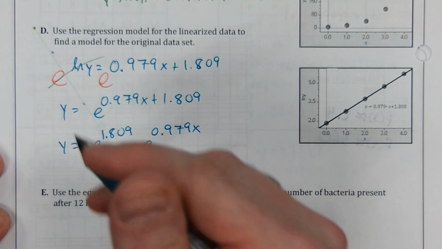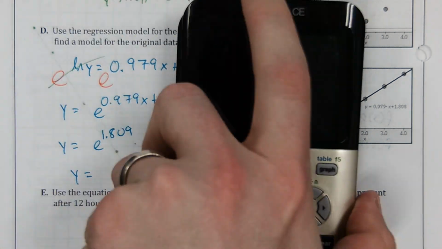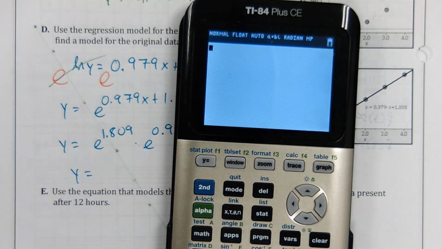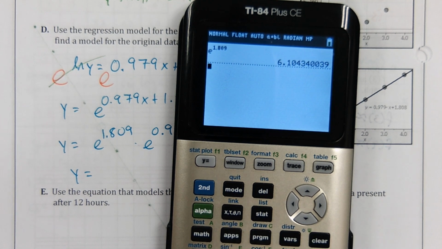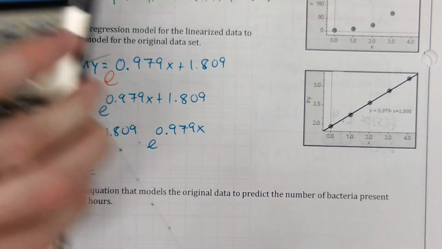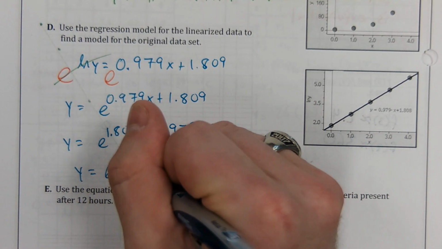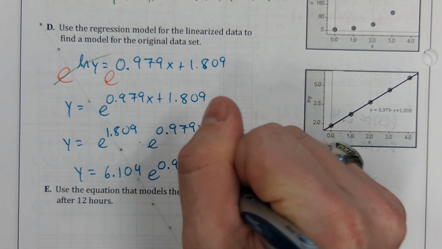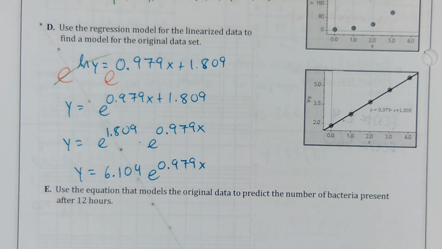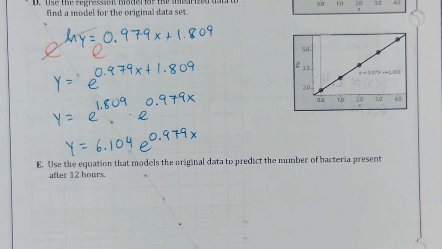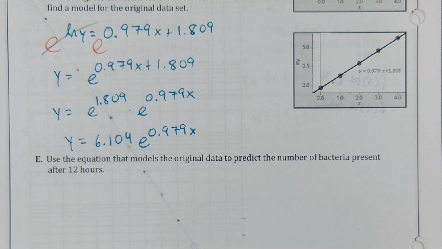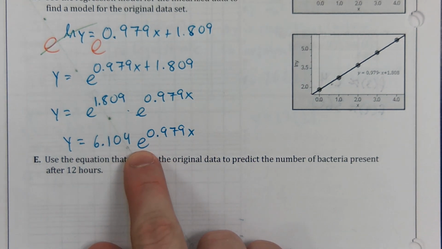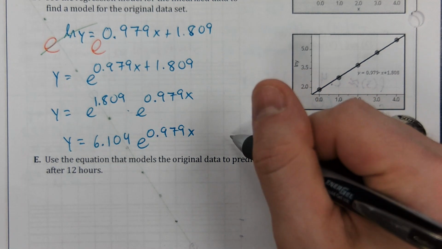And you can type this on a calculator. Let's see what e to the 1.809 is. About 6.104. And if you were curious, this e to the 0.979, I'm going to write it over here in parentheses.